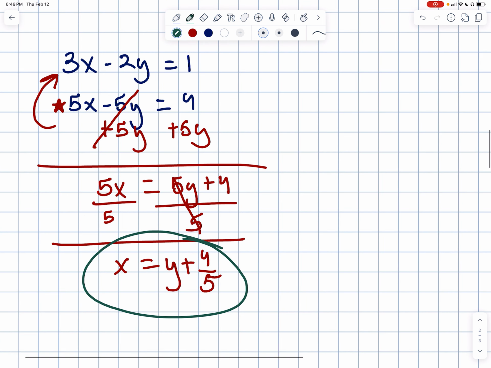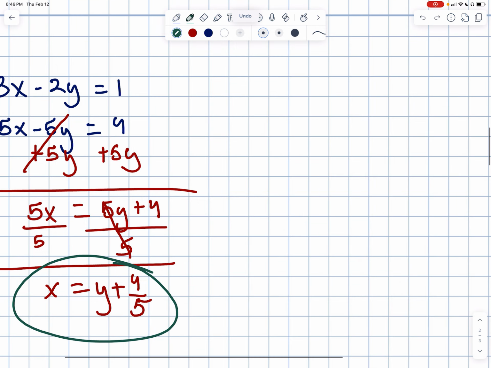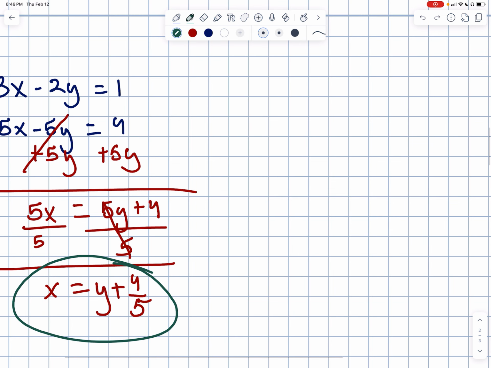Now we're going to use this to go ahead and solve this equation. We're going to plug in for x. I'm going to rewrite the equation here: 3x minus 2y equals 1. So I had found what my x is, so let's plug it in.